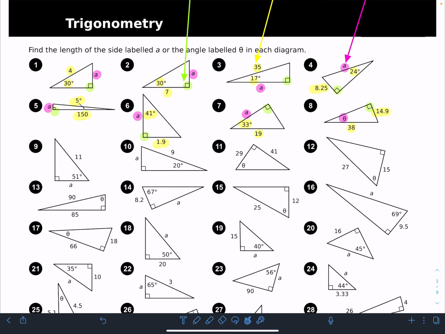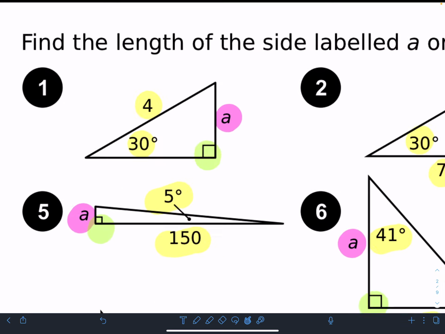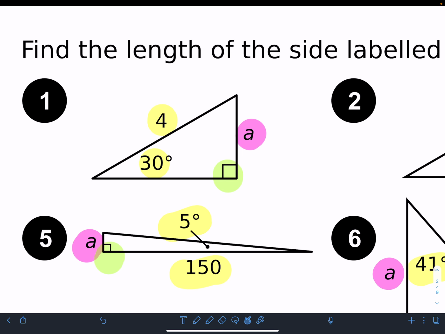The second point is that you have two knowns, and I've highlighted them as the two yellow highlights. Sometimes it can be an angle and a side, as in 30 degrees as the angle, and 4, which would be 4 centimetres or 4 metres, as the length of a side.